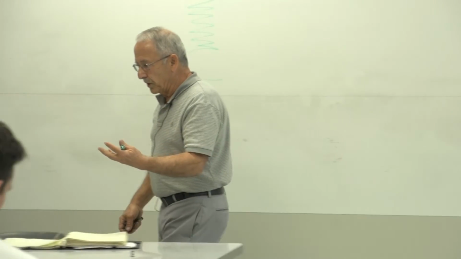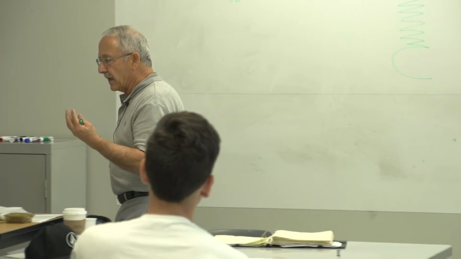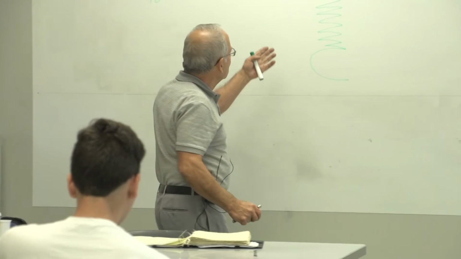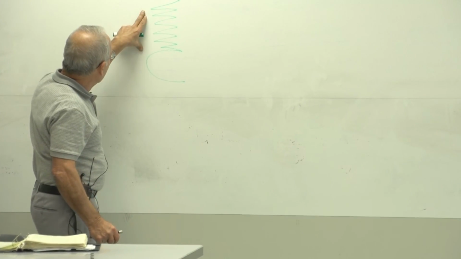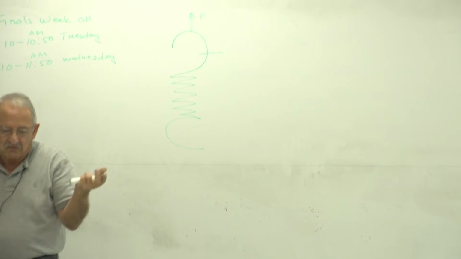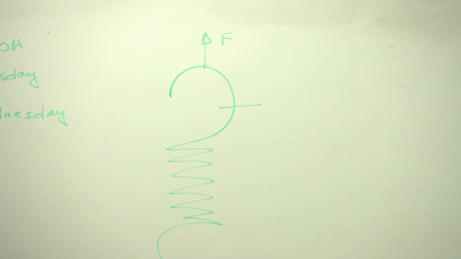So we need to worry about the bending and torsion of the hook as well. Aside from the fact that, of course, the length of the spring is going to be the body length plus 2 hook lengths.